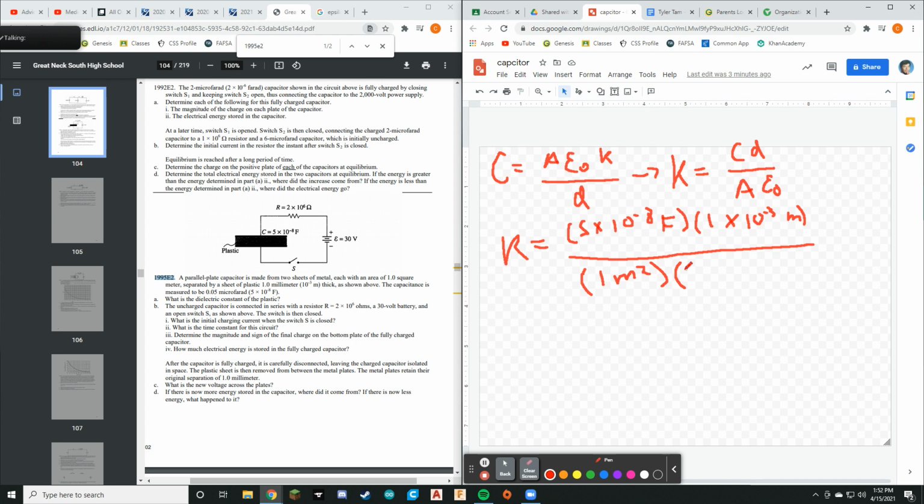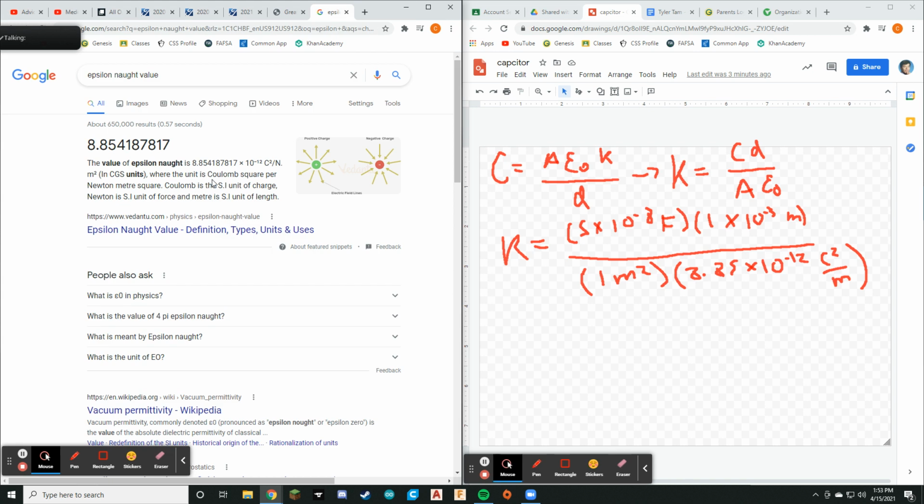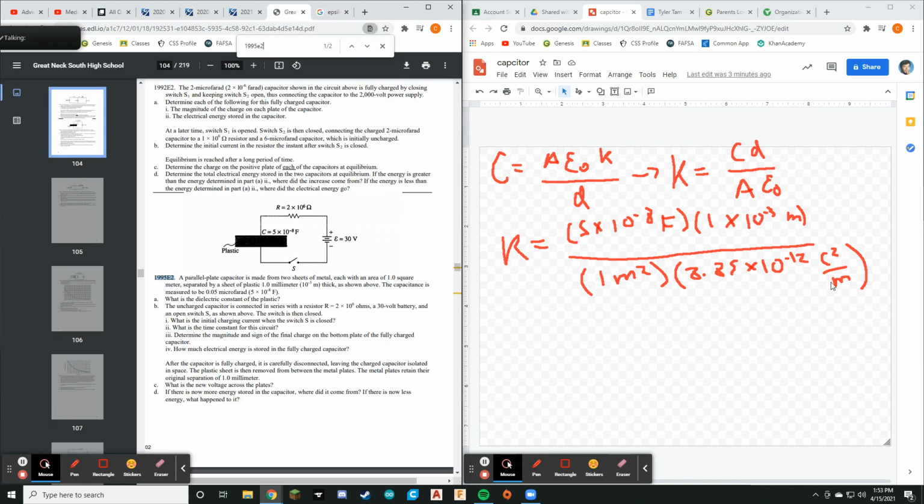And epsilon naught is equal to 8.85 times 10 to the negative 12th coulomb squared per meter. Let me just check that real quick. I have it up here. Oh, sorry. Coulomb squared per Newton.